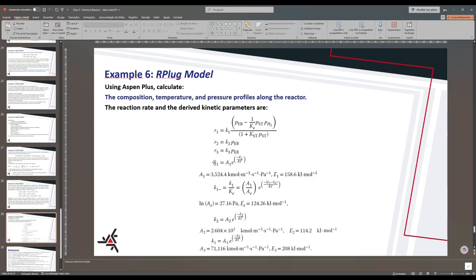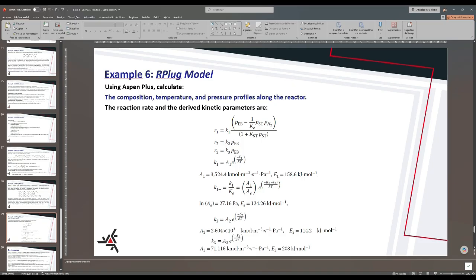Here we have the Arrhenius model for reaction 1, the parameters for calculating this reverse term, the Arrhenius equation for reaction 2, for reaction 3, the activation energies for all reactions, and the pre-exponential terms. So we have all the information required for configuring our reaction. We will be doing that in our example in Aspen Plus.